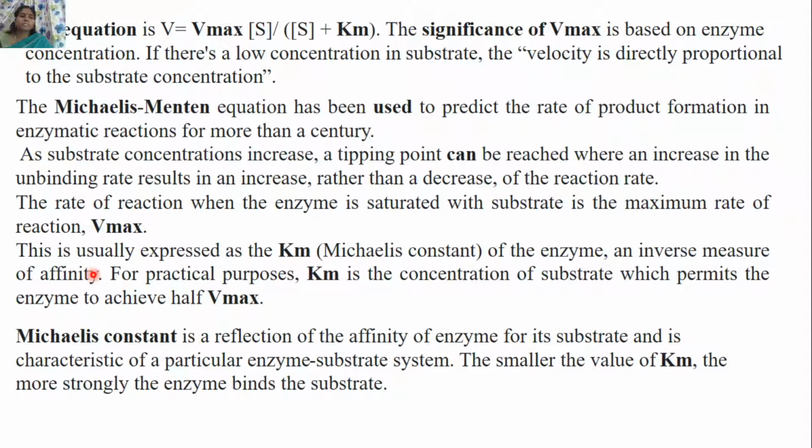For practical purposes, Km is the concentration of substrate which permits the enzyme to achieve half of its maximum velocity. The Michaelis constant reflects the affinity of the enzyme for its substrate and is characteristic of a particular enzyme-substrate system. The smaller the value of Km, the higher the affinity, that is, the more strongly the enzyme binds to the substrate. This is the significance of calculating the Michaelis-Menten constant.